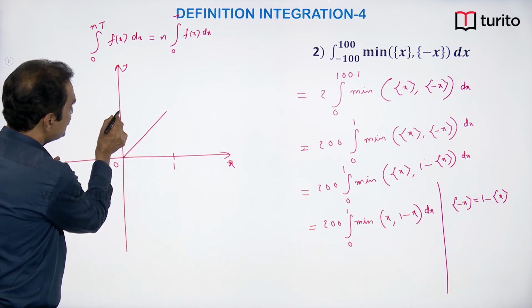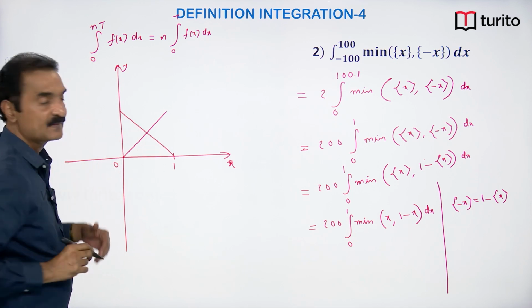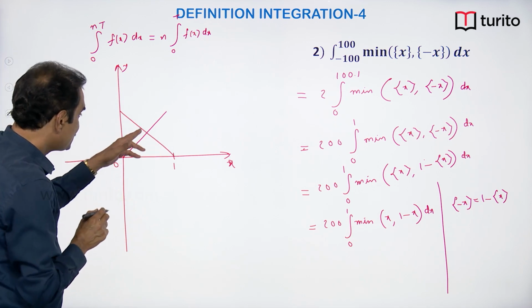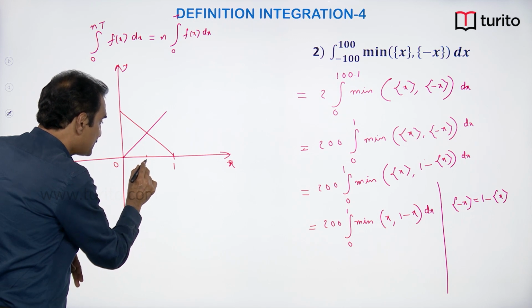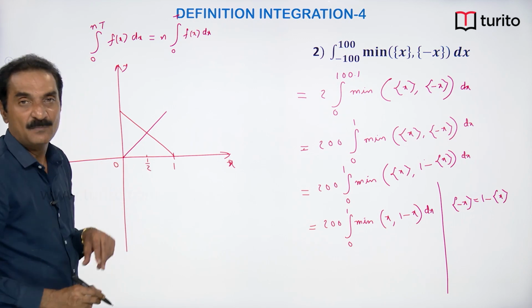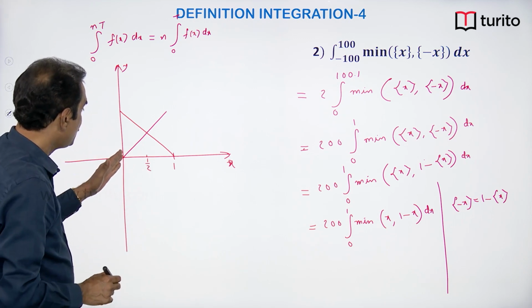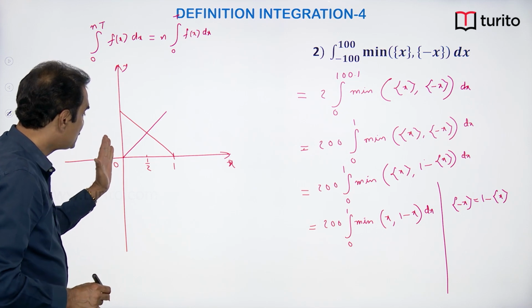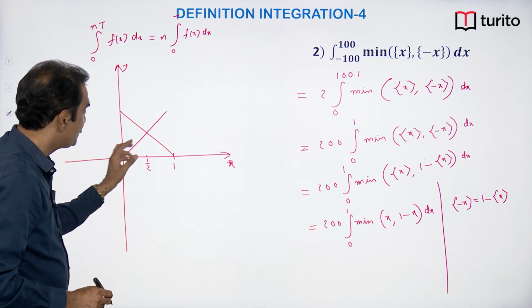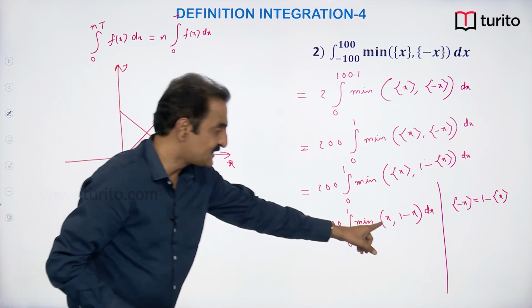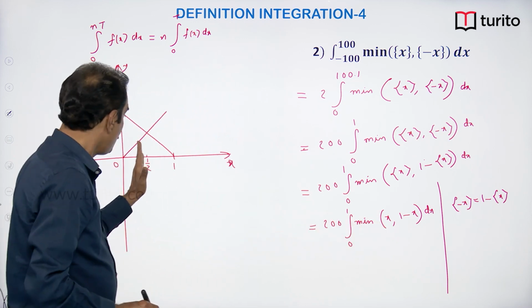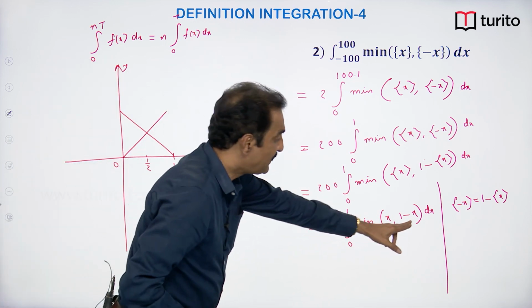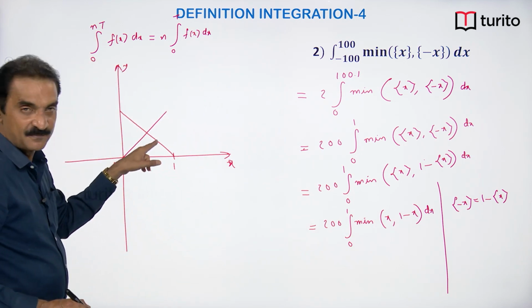It will come like this. What is the intersection point? Exactly in the middle, at 1 by 2. Now you can observe that when x lies between 0 and 1 by 2, the smaller one is x. From 1 by 2 to 1, 1 minus x is smaller.